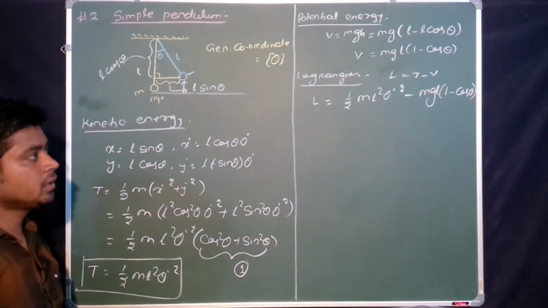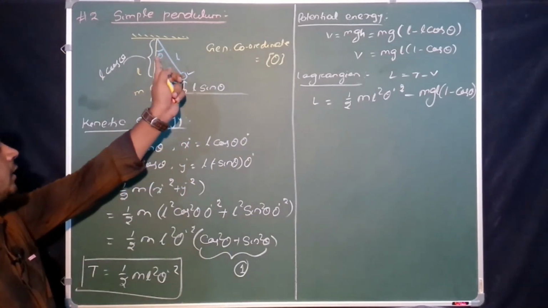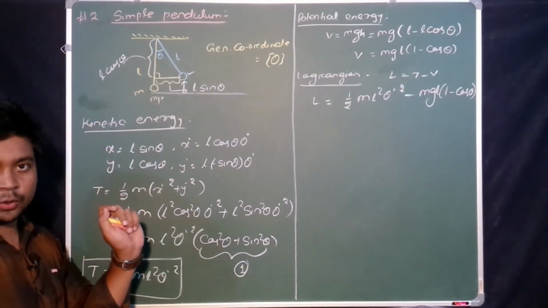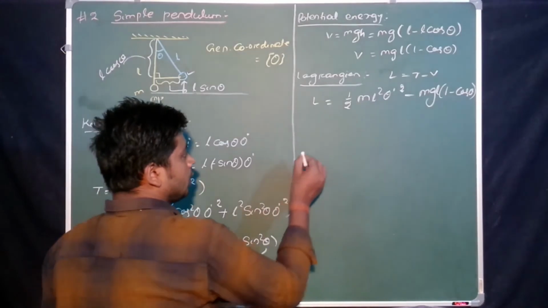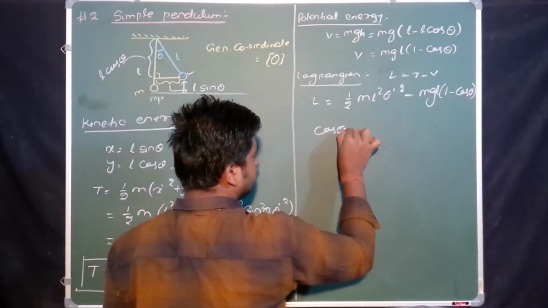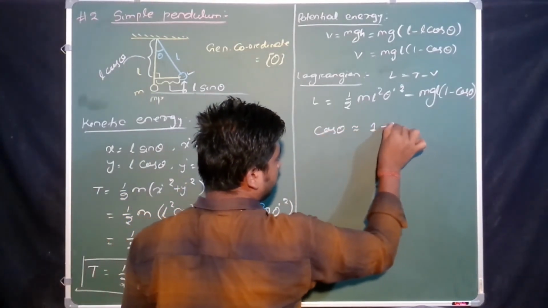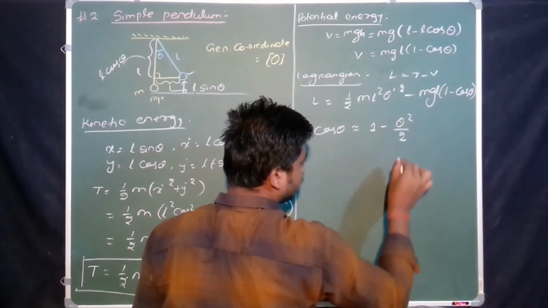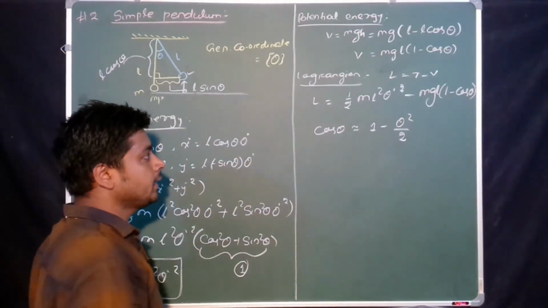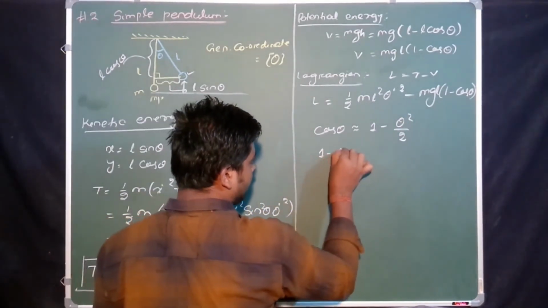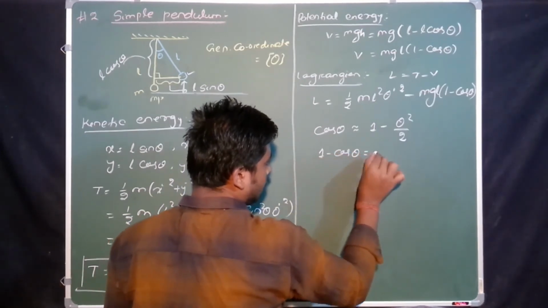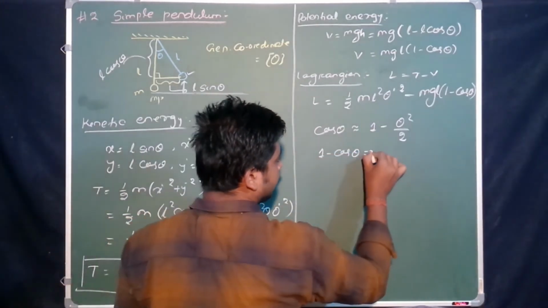Then just see, I say here theta is very, very small. Yes or no? If theta is very, very small, cos theta can be written as 1 minus theta square by 2. Then 1 minus cos theta becomes theta square by 2.